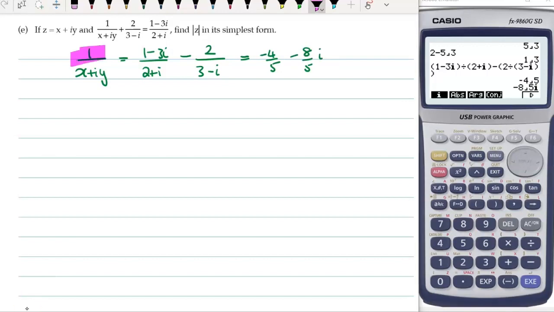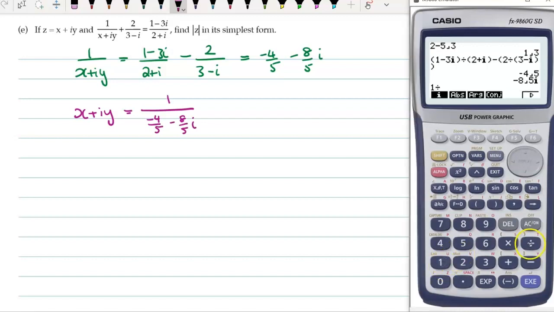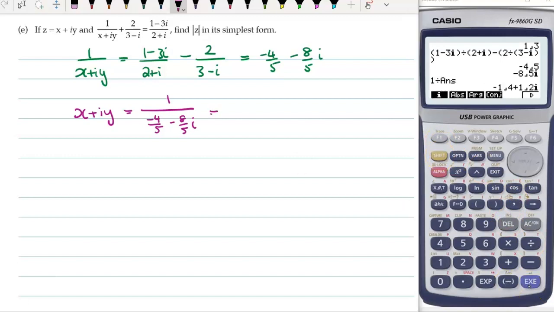Now that was for 1 over x plus iy. So x plus iy will be 1 over minus 4/5 minus 8 over 5i. So let's do 1 divided by that answer. There we go. And we've got minus 1/4 plus 1/2 i.